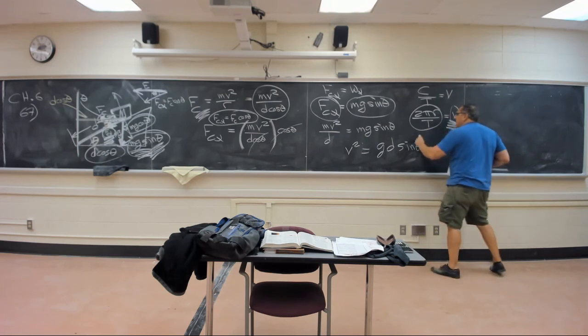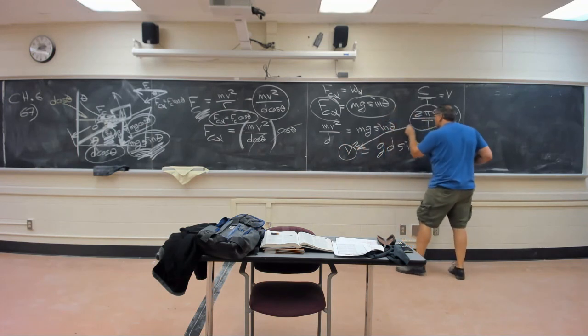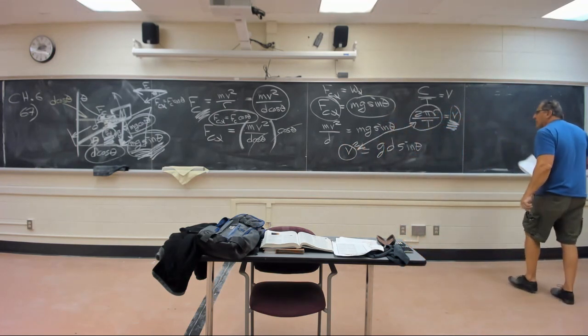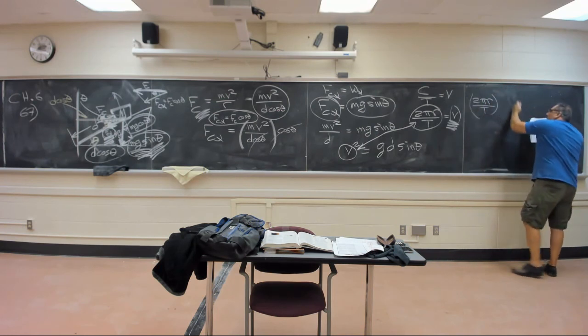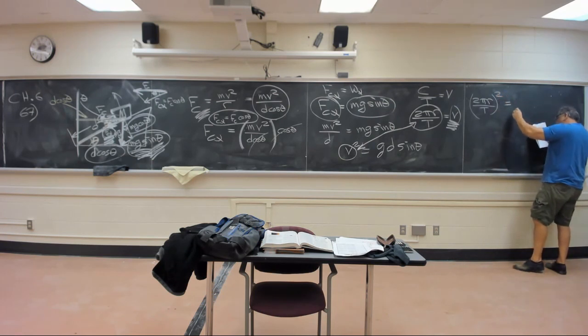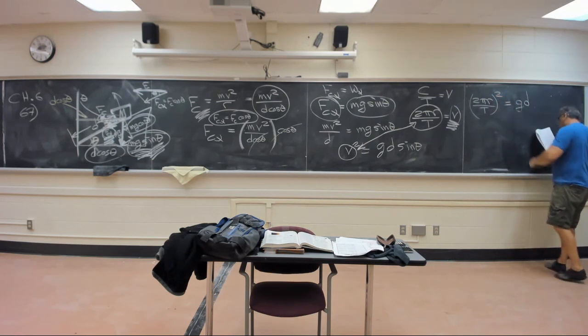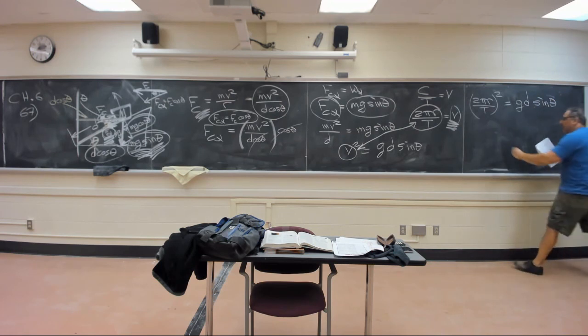Wherever you see a v, put that: 2 pi r over T. So we got that.